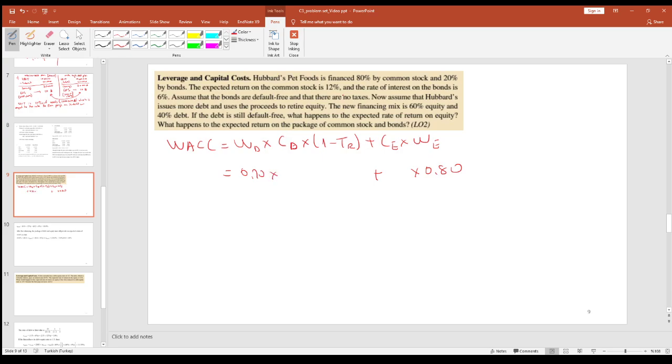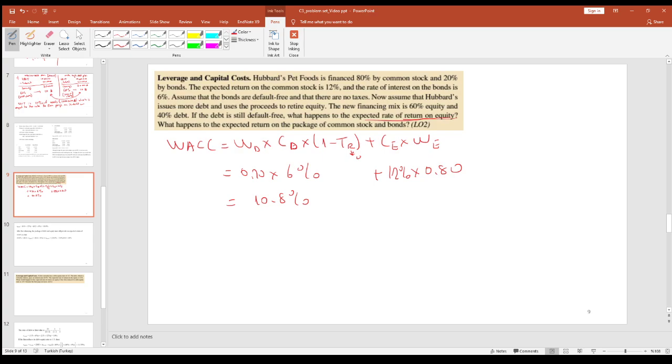Cost of debt will be 6%. Tax rate is 0, so this will be 0. And cost of equity is 12%. And result of this will be equal to 10.8%.